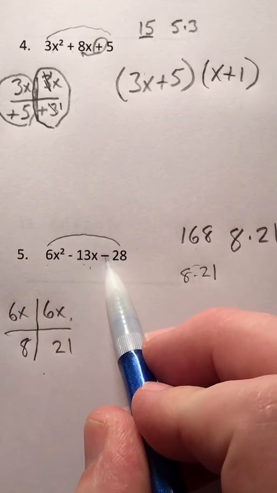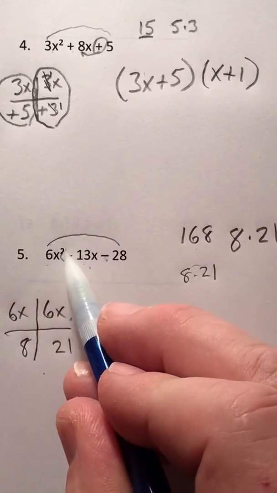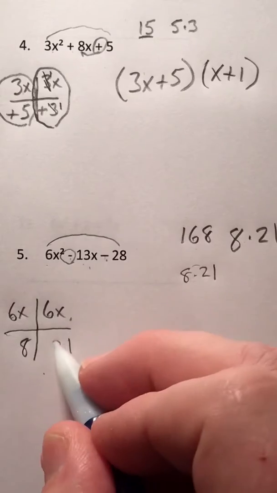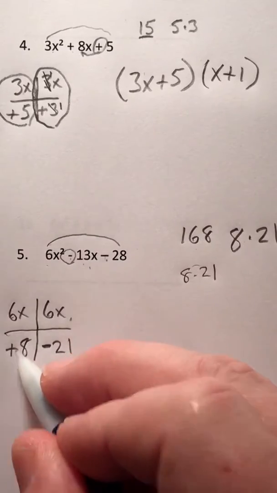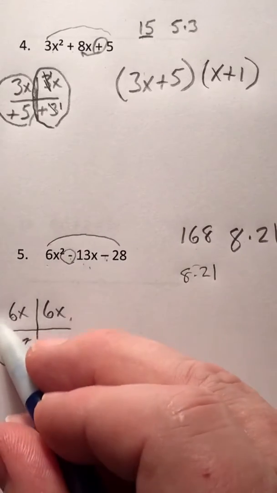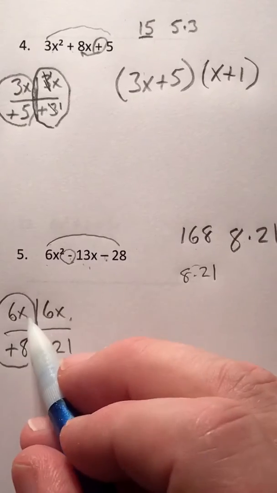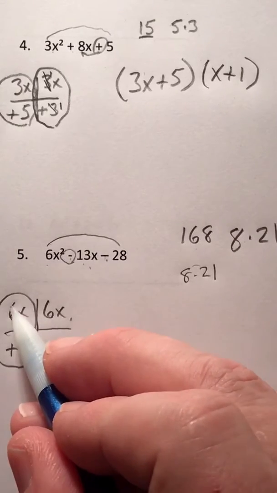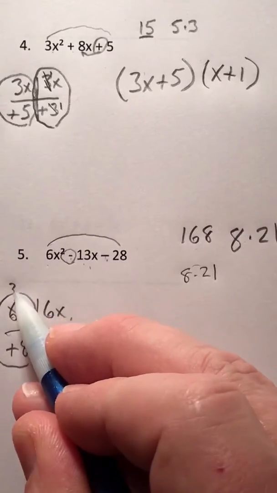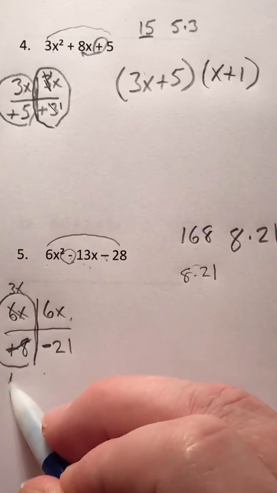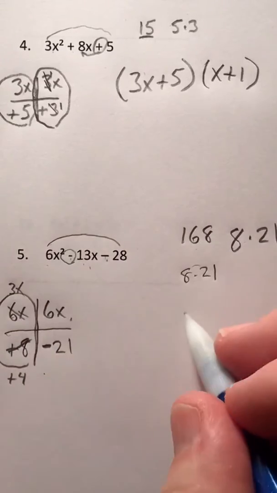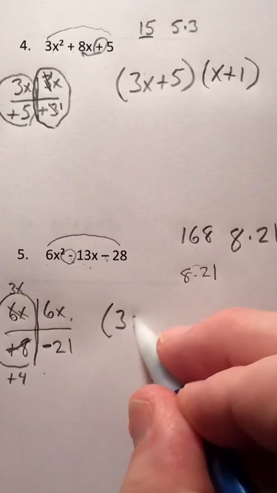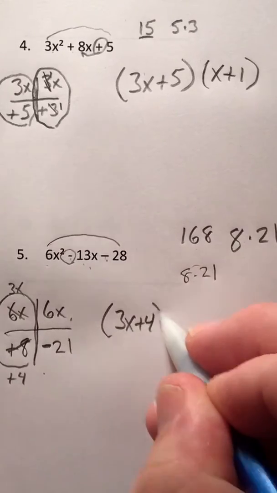Now the signs are different. The bigger one has to get the minus sign. So 21's bigger, so a minus here and a plus here. All right, now my 6x plus 8, I can factor a 2 out of both of those. So this becomes a 3x, and this becomes a positive 4. So I get 3x plus 4.